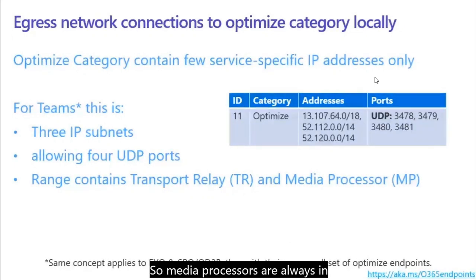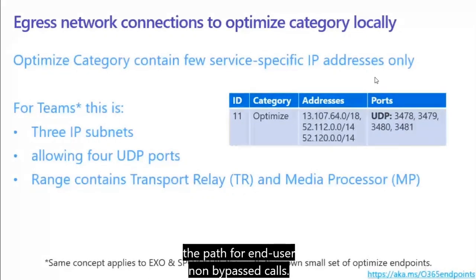Media processors are always in the path for end-user non-bypassed calls. Media processors are always in the path for all voice applications such as call park, organizational auto attendant, and call queues.